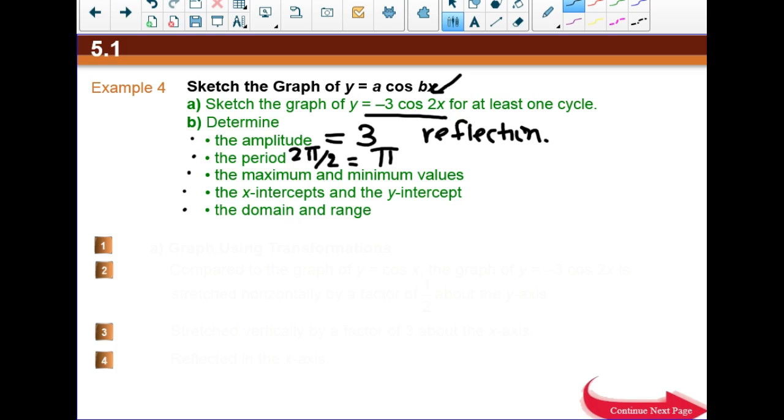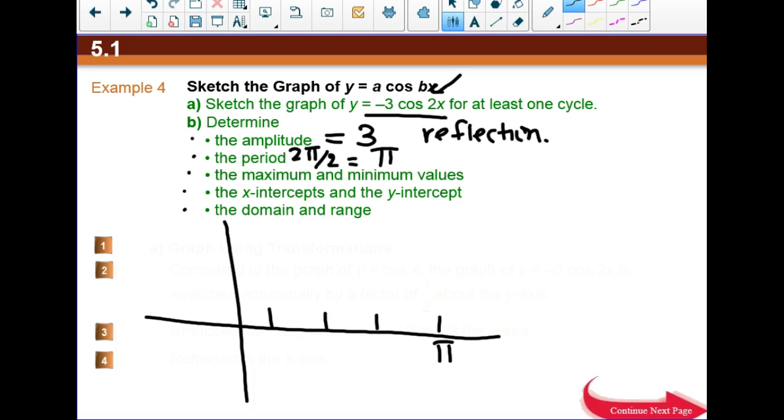And then we'll start drawing the picture, okay? So, our period length is pi. Halfway in the middle is half of a pi. Half of a half is a quarter. And this would be 1.5, right?